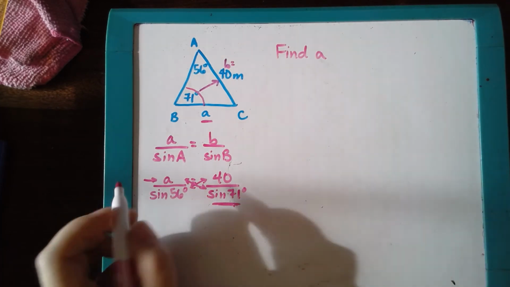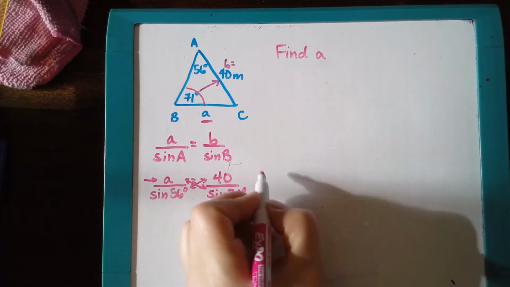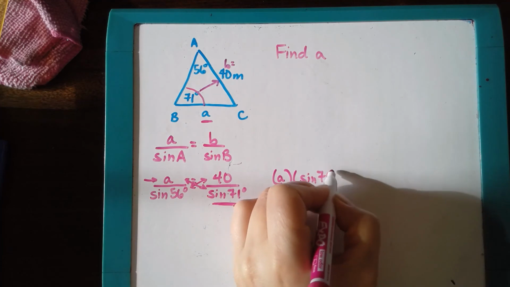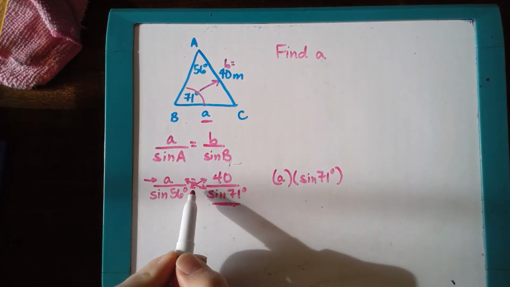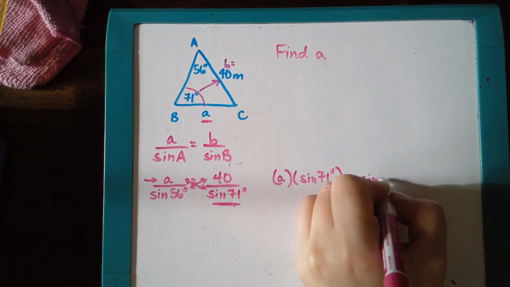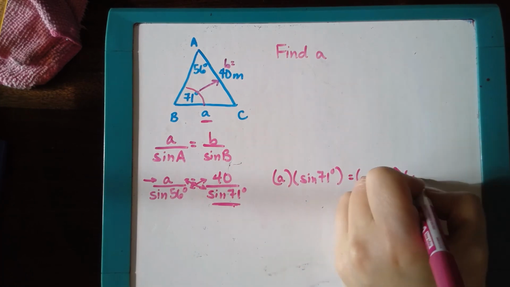So I'm going to write an extra step in here that I normally write beside here. So A times sine 71. This cross multiplication only works when there's an equal sign here. Equals sine 56 multiplied by 40.